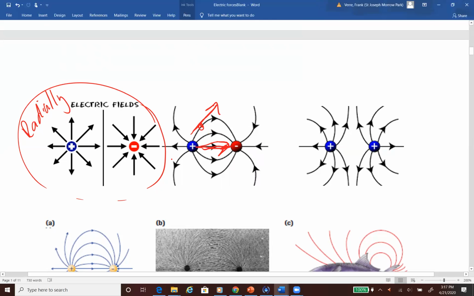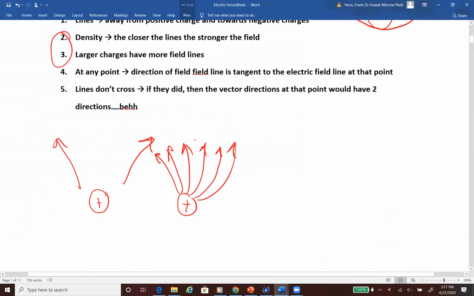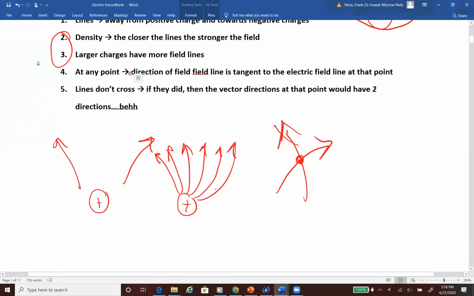This is important because of our fifth rule: the lines never cross. If it did cross at a point, if I have a field line running like this, I can't have another field line running like that, because then this point would have two directions.